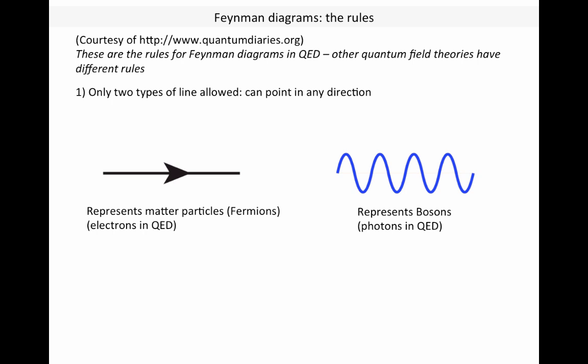So in Feynman diagrams, matter particles like fermions, which would be electrons in quantum electrodynamics, are represented by lines with arrows on them, whereas bosons, the forces, which would be the photons in quantum electrodynamics, are represented by squiggly lines like this. And they can point in any direction.